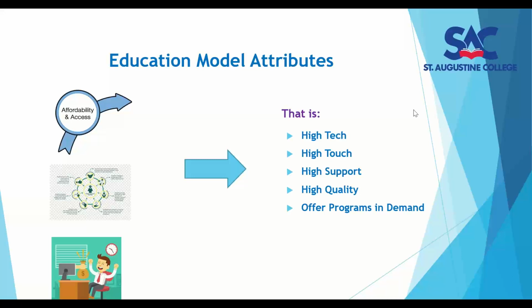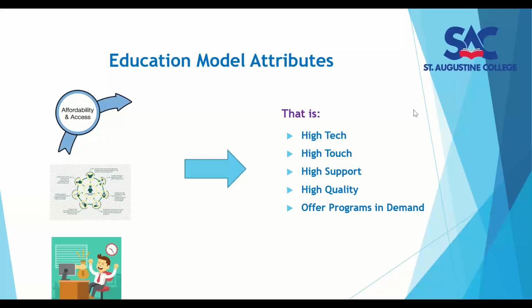But we also understand that there are students that prefer to learn in person. So that's when we spoke about the main attributes of our educational system, which would entail a high level of technology, high touch, and high support for our students.